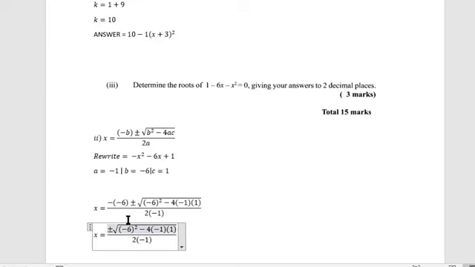So what we'll have is a positive 6, and negative 6 squared will leave us with positive 36, and negative 4 multiplied by 1 multiplied by negative 1 will leave us with a positive 4 there, and 2 multiplied by negative 1 will leave us with a negative 2 here.